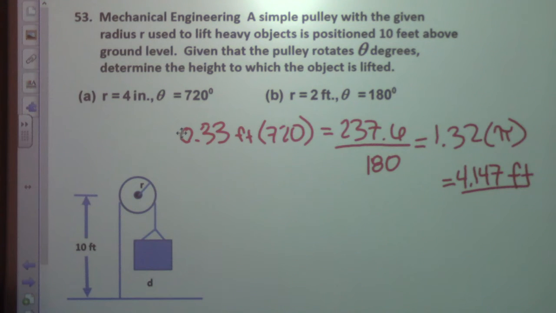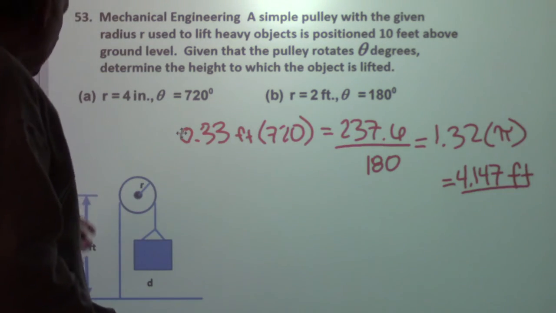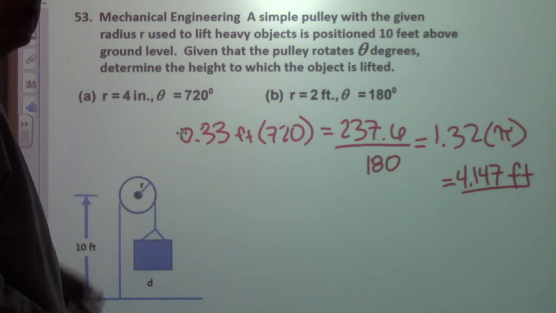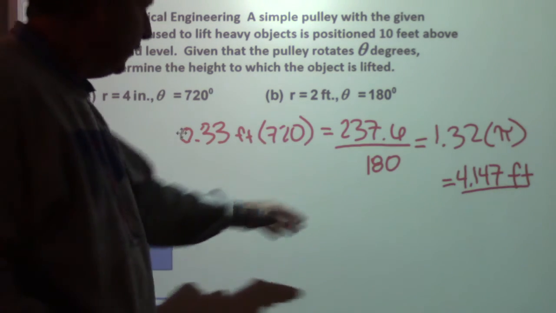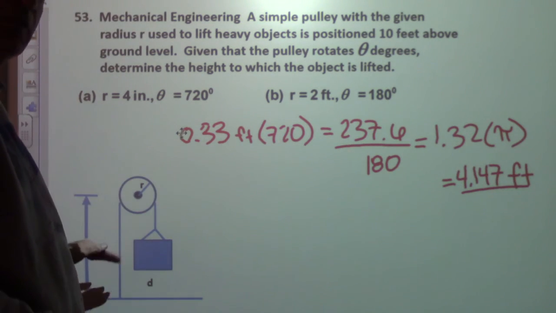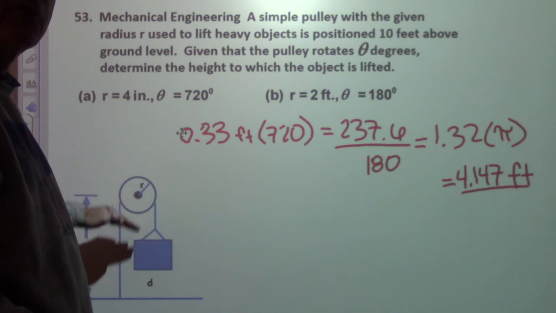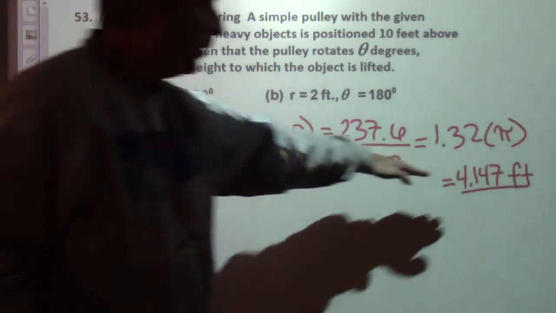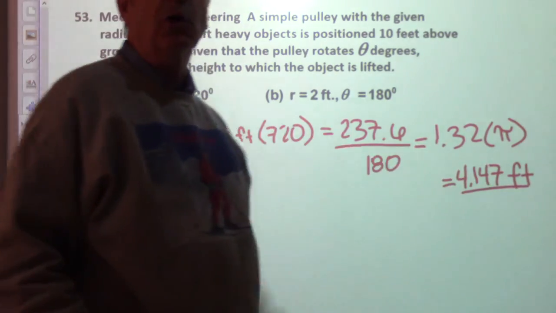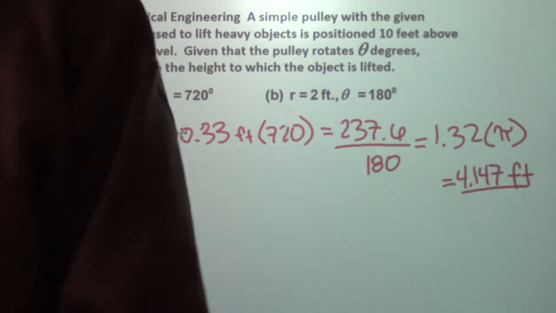Well, because the other unit's in feet, but somebody in third period asked, why is it important to know this 10 feet? What does it have to do with the problem? Well, it has something to do with the problem because that's going to be like a domain restriction, right? So you know if this number is bigger than 10 feet, that's just not going to work, right? Okay, thank you for that.